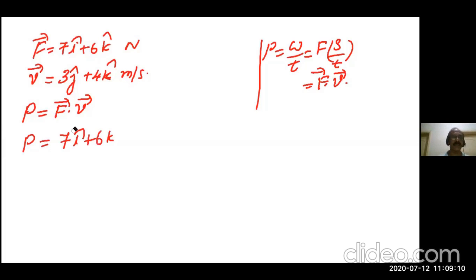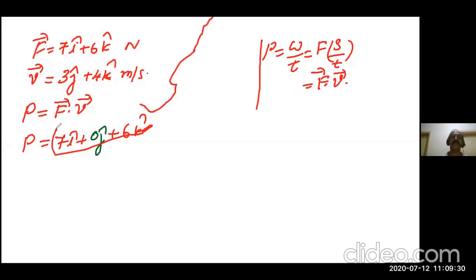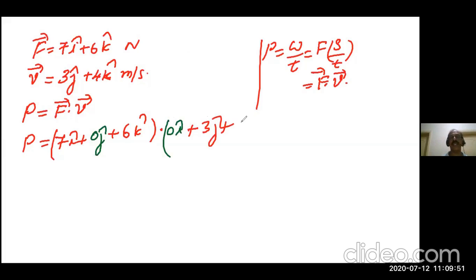When you're writing, you have to write 0 for the missing component, otherwise when multiplying you'll make a mistake. 7i, j is not given, so I'm writing 0j, plus 6k, dot 0i, which is not there, plus 3j plus 4k.